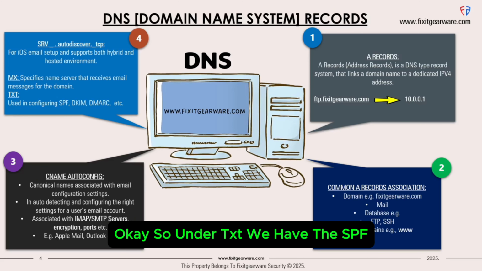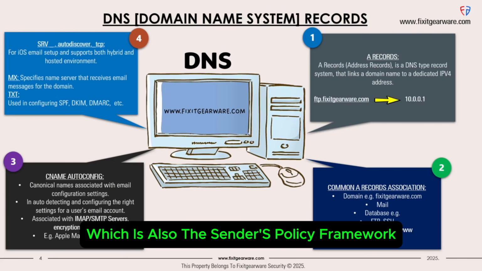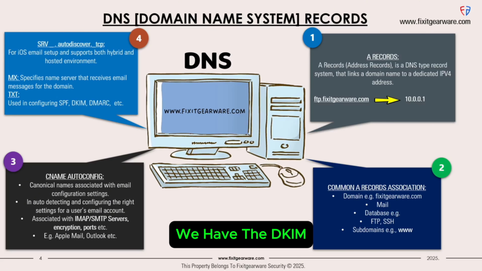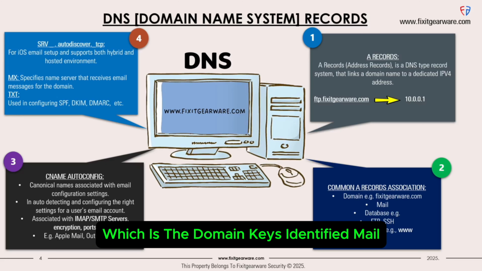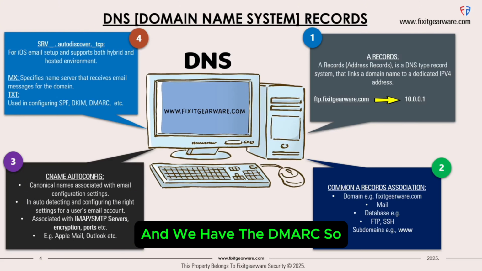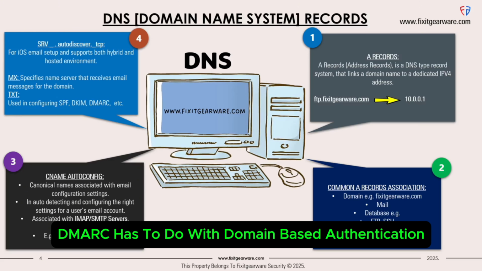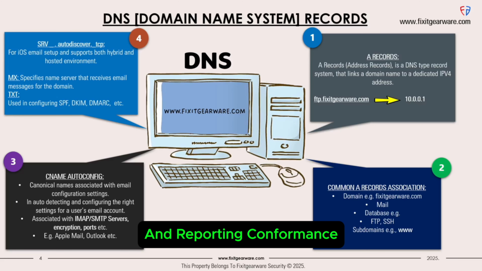Okay. So under TXT, we have the SPF, which is the Sender Policy Framework. We have the DKIM, which is DomainKeys Identified Mail. And we have DMARC. DMARC has to do with domain-based message authentication, reporting and conformance.